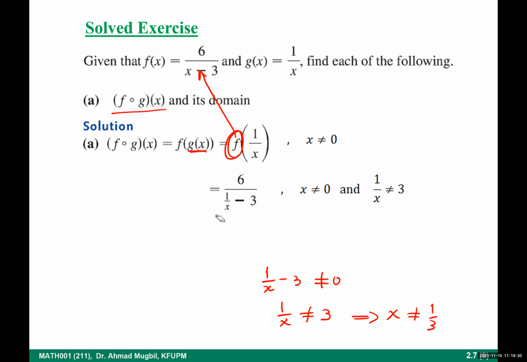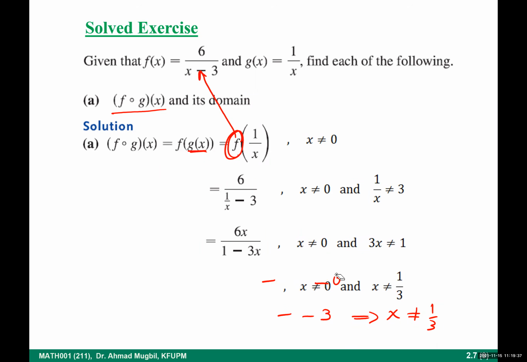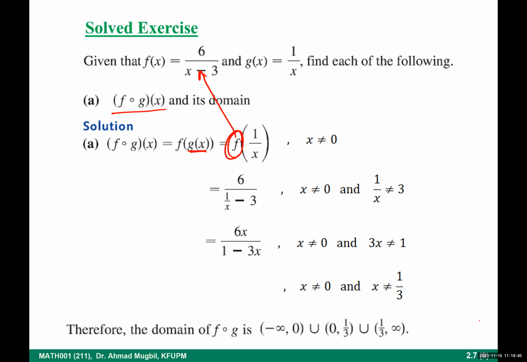And the conditions are what? x is not 0, x is not a third. This means that the domain is what? All the real numbers except 0 and a third. So it is from negative infinity to 0, union from 0 to a third, union from a third to infinity.